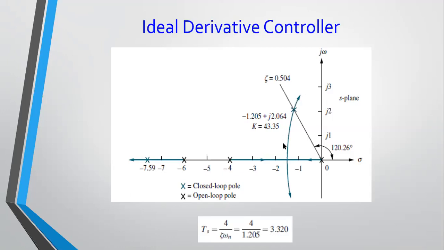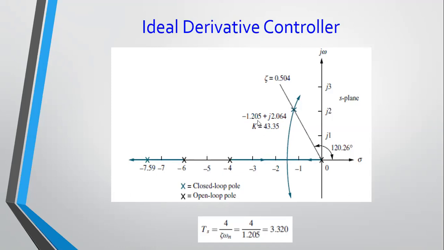So from your root locus, you're able to draw a damping ratio line to achieve the 16% overshoot you wanted, and the intersection is the operating point at which you want to be. This operating point is obtained at a gain of 43.35, and the value is minus 1.205.